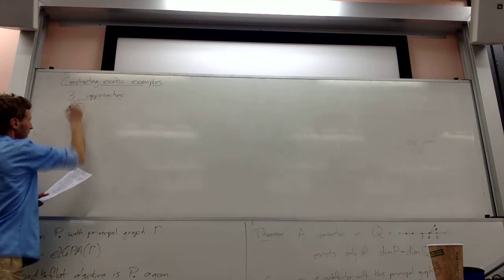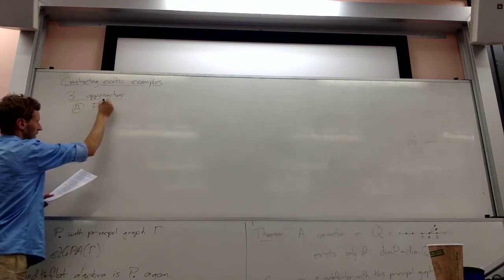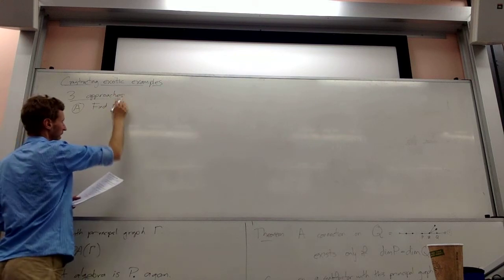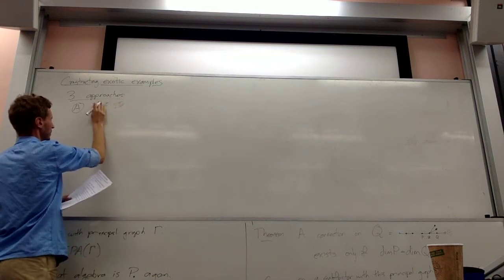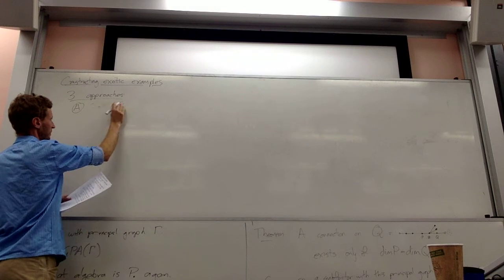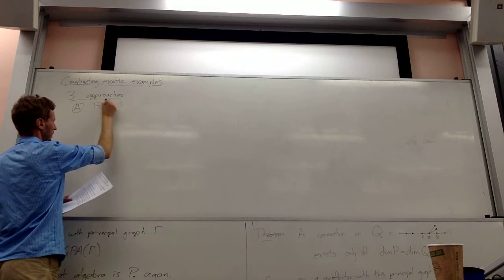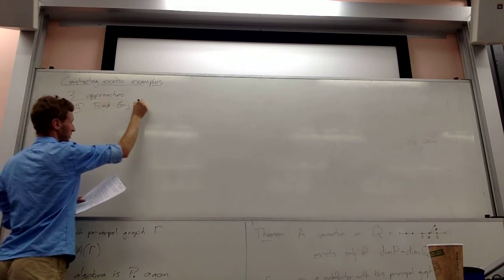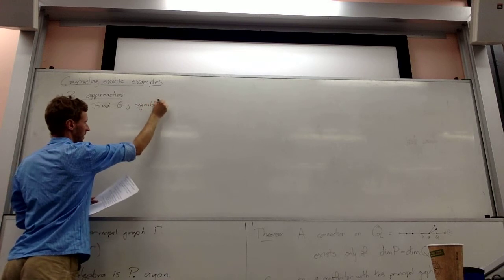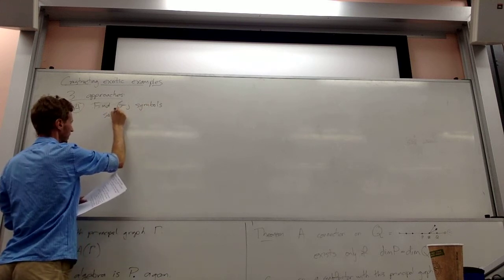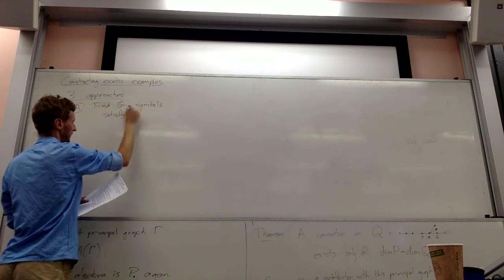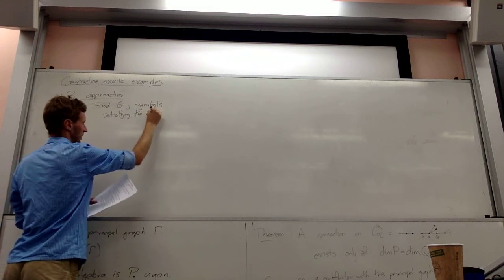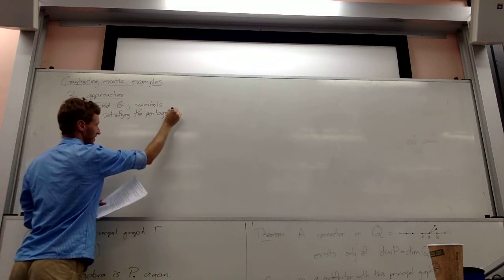So one is find 6J symbols satisfying the pentagon.